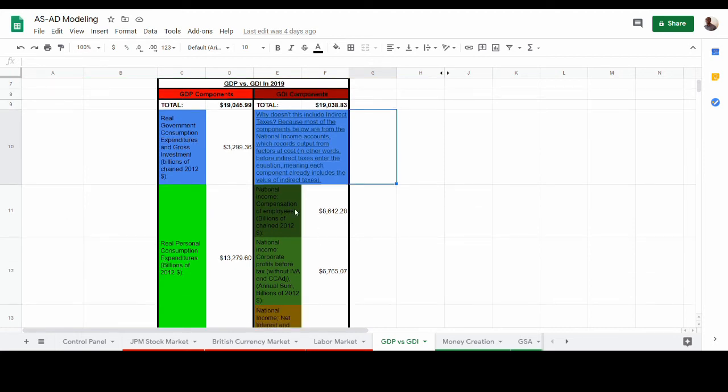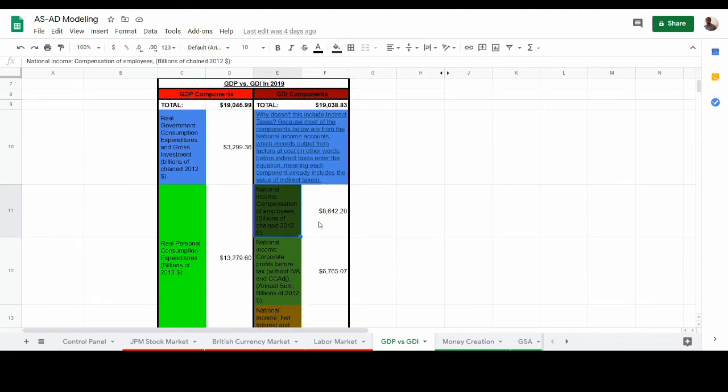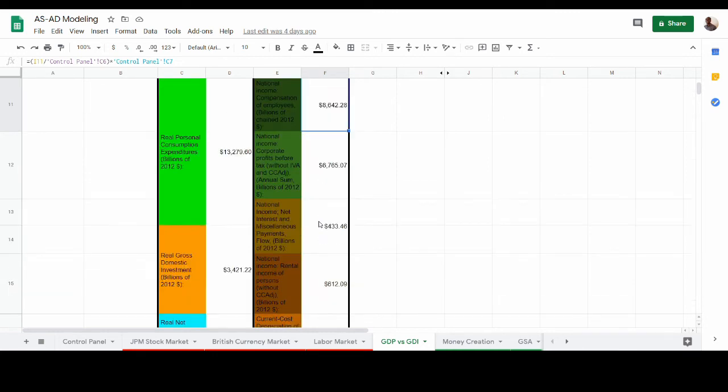So national income, which would be compensation of employees. So we're looking now at an employee compensation variable. Employee compensation was about $8.6 trillion in 2019. Real employee compensation, by the way, is what we're looking at here. Real corporate profits before tax was at almost 8, but around $6.765 trillion in 2019.